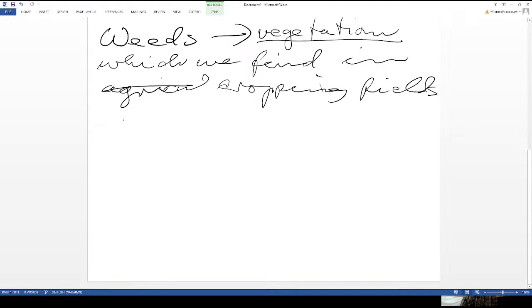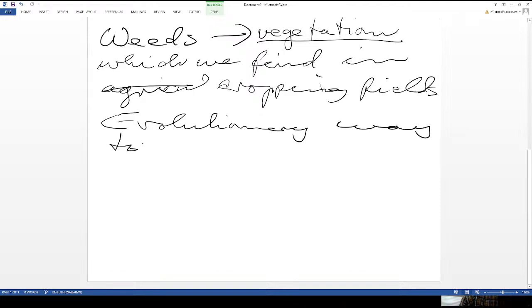There's also an evolutionary way to look at weeds or to define weeds. These could be other plants.